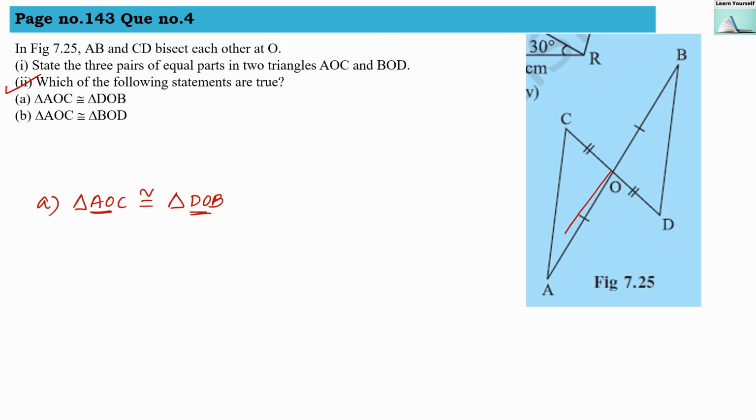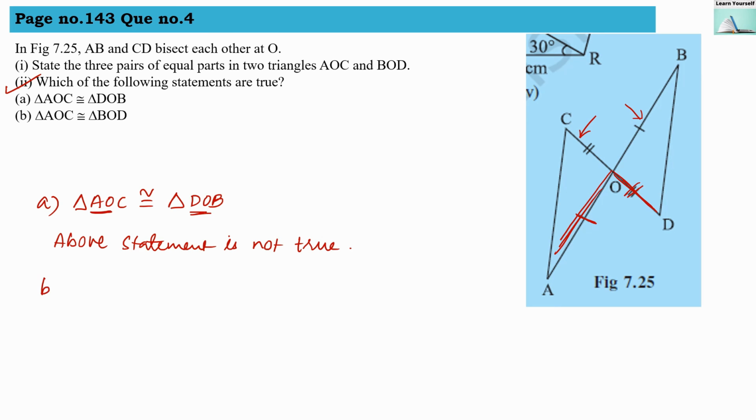So no, it is not, because this side and this side, they are not equal. And OC to OB, OC is this side and OB is this side. So these two sides are also not equal. So this statement is not true. So we can write here, the above statement is not true.